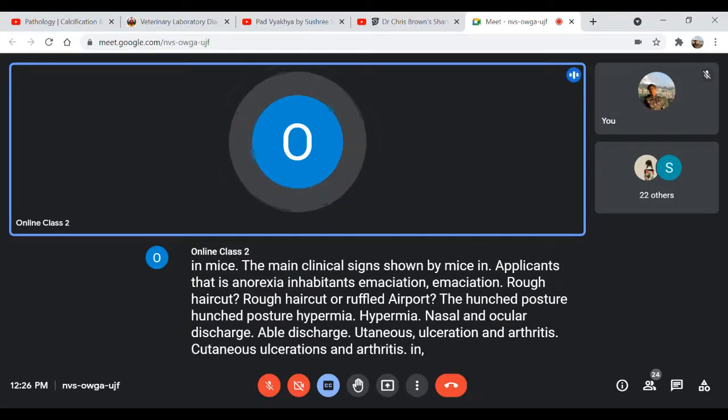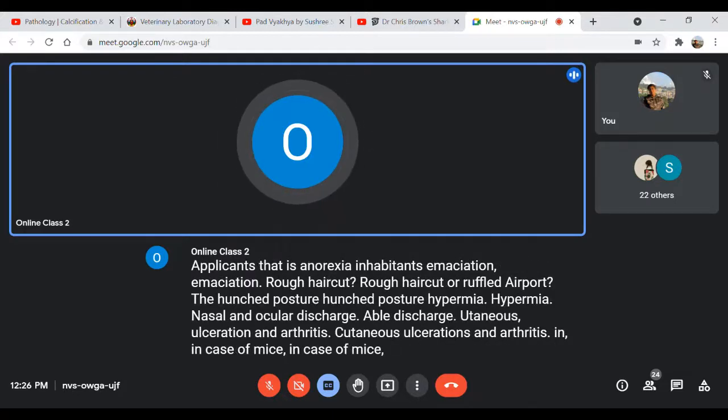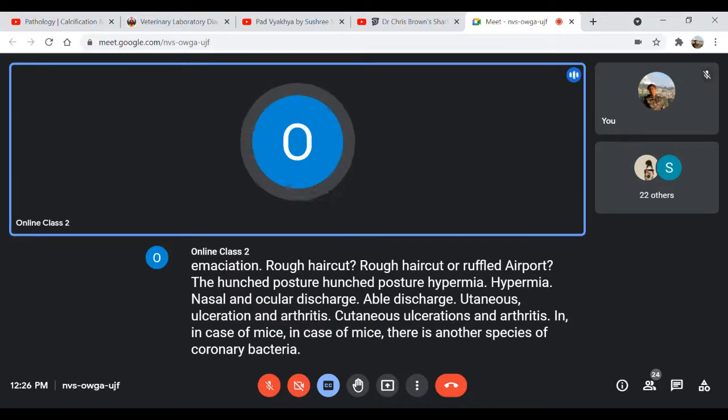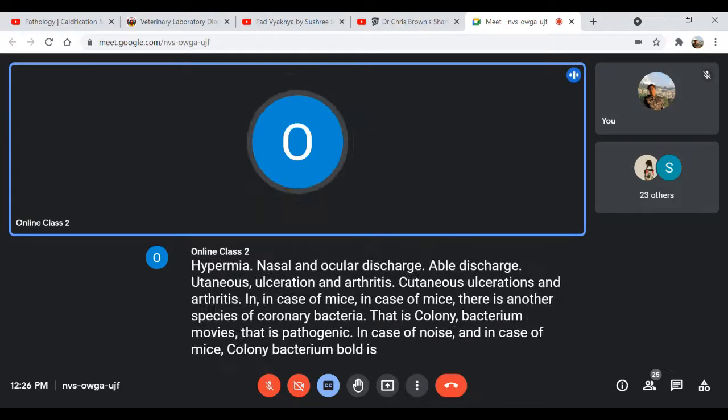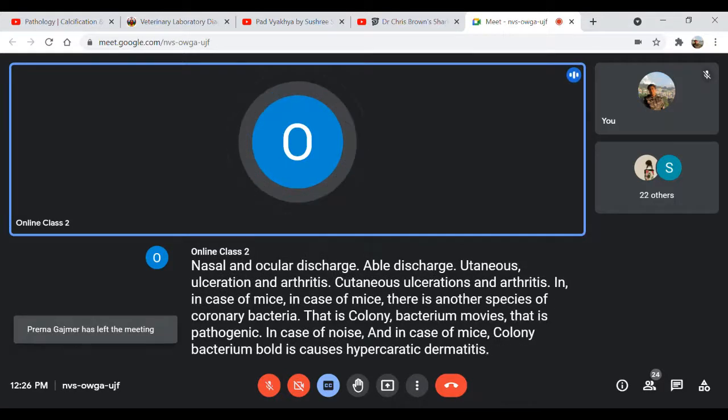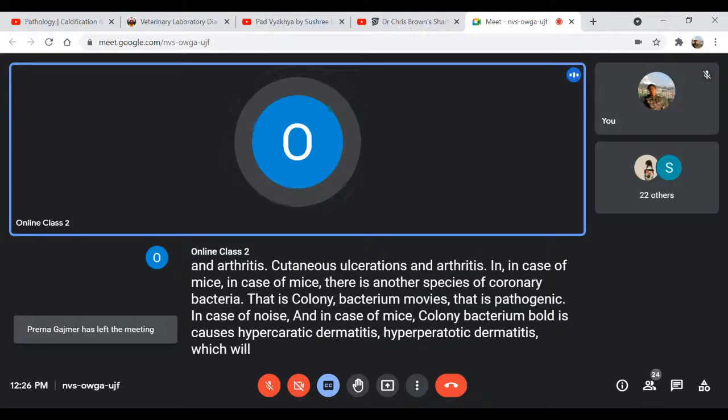In case of mice, there is another species of Corynebacteria, Corynebacterium bovis, that is pathogenic in mice. Corynebacterium bovis causes hyperkeratotic dermatitis, which we'll later discuss once again.